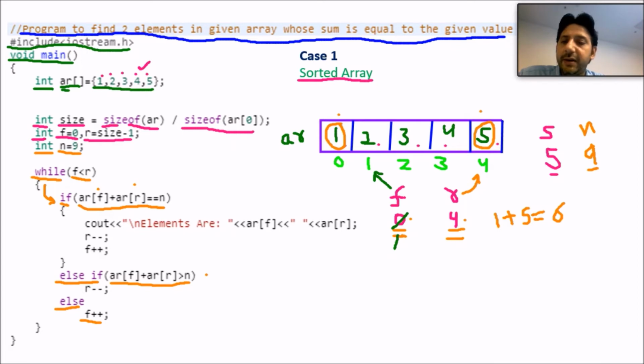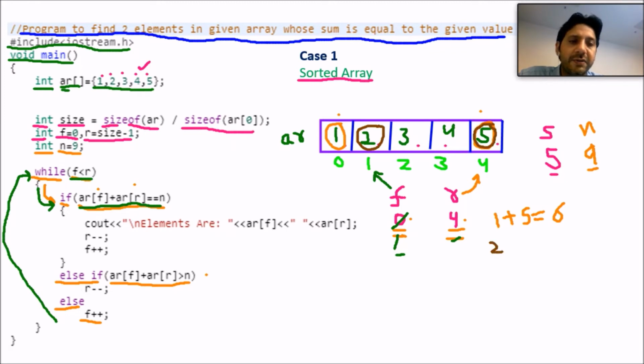After that, it will go back and check whether f is less than r. So 1 is less than 4, that is true, and it will come down. Then if ar[f] plus ar[r] equal to n: 2, which is ar[f], plus 5, which is ar[r]. So 2 plus 5 is equal to 7, and 7 is not equal to 9, so this part will not run.